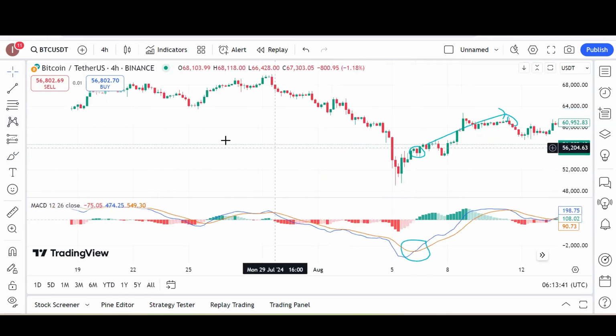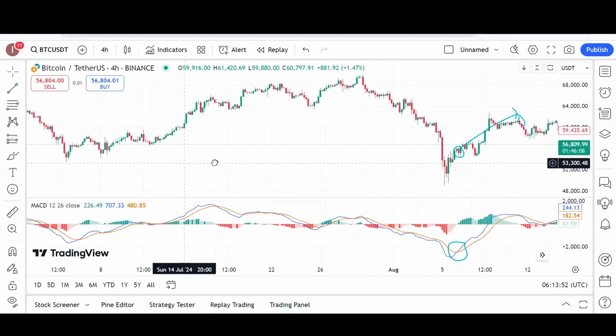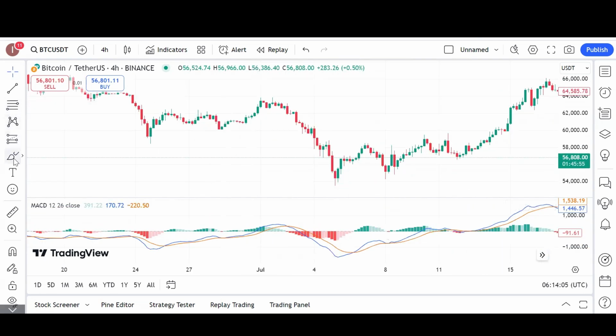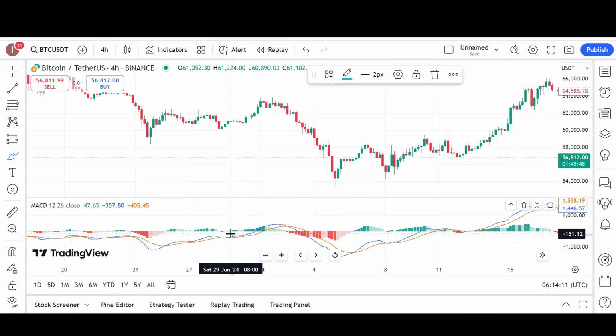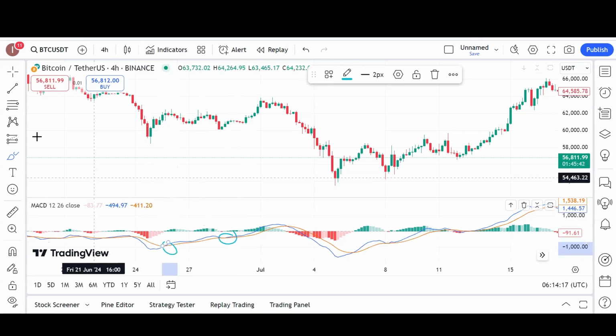Okay, and now we get another example. As you can see here, at this point the MACD line crosses the signal line, and also at this point the MACD line crosses the signal line.